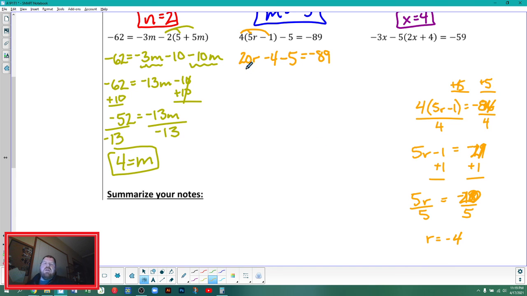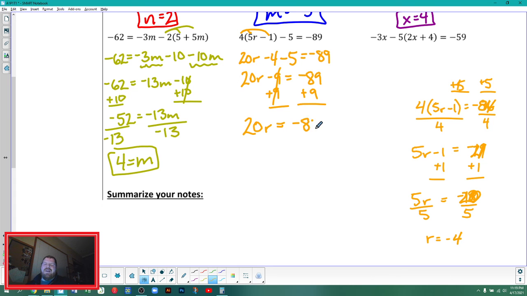But that's okay. All right, let me get back to this. I get 20r minus 9 equals negative 89. I'm going to add 9 to both sides. This is where I realized that there had to be a mistake somewhere because the strategy was sound. It was my calculation of negative 89 plus 5. Somehow I added like way too many.